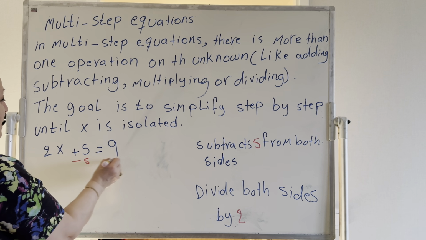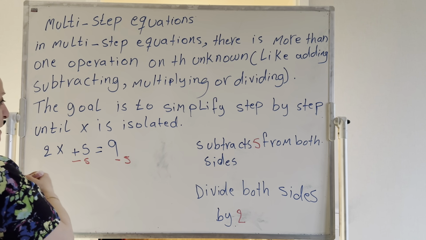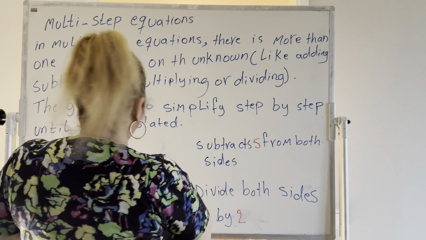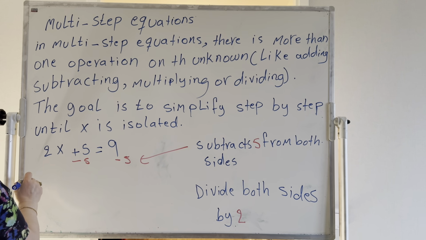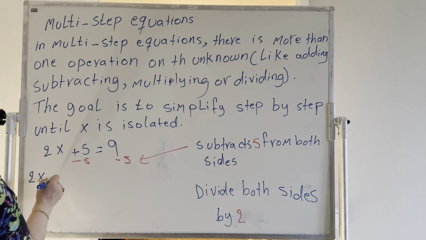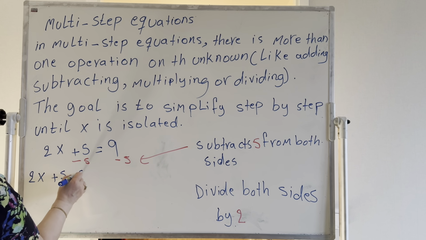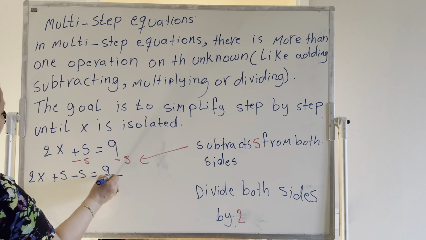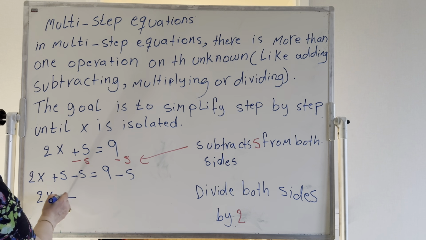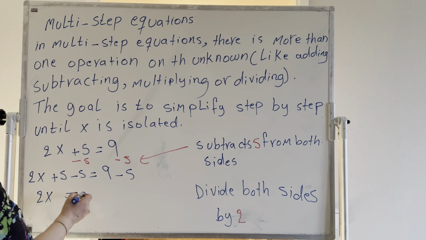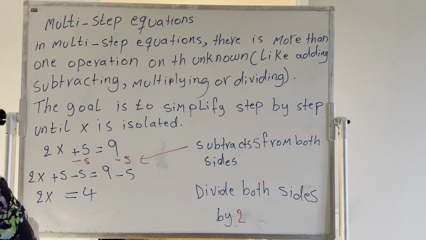Minus 5, minus 5. 2x plus 5 minus 5 equals 9 minus 5. 2x plus 5 minus 5 equals 0, equals 9 minus 5, equals 4.